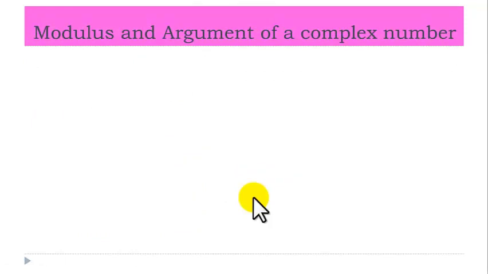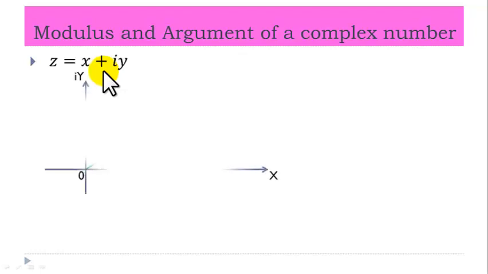Modulus and argument of a complex number. Let the complex number z equal to x plus iy be given. This can be represented on the Argand diagram as shown earlier.